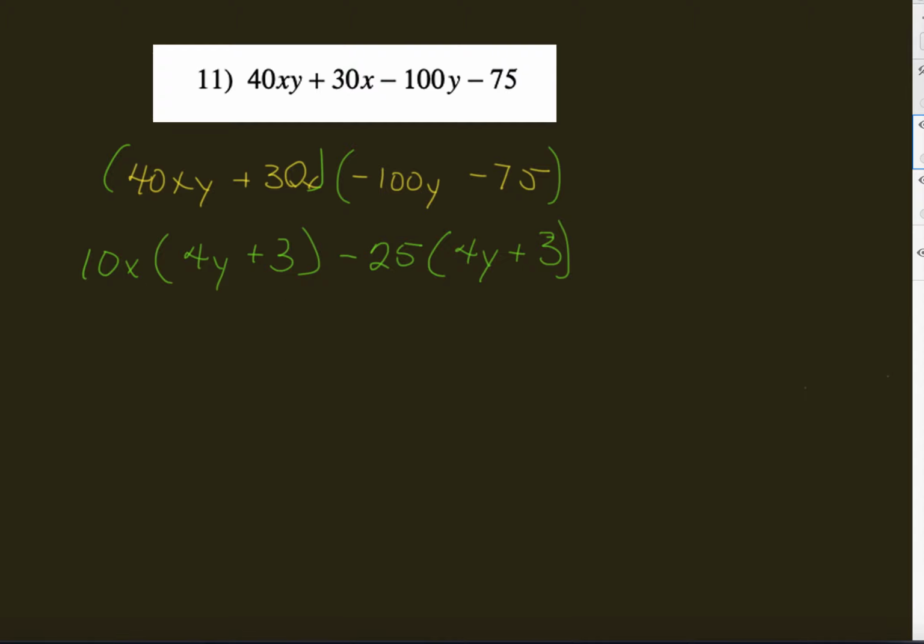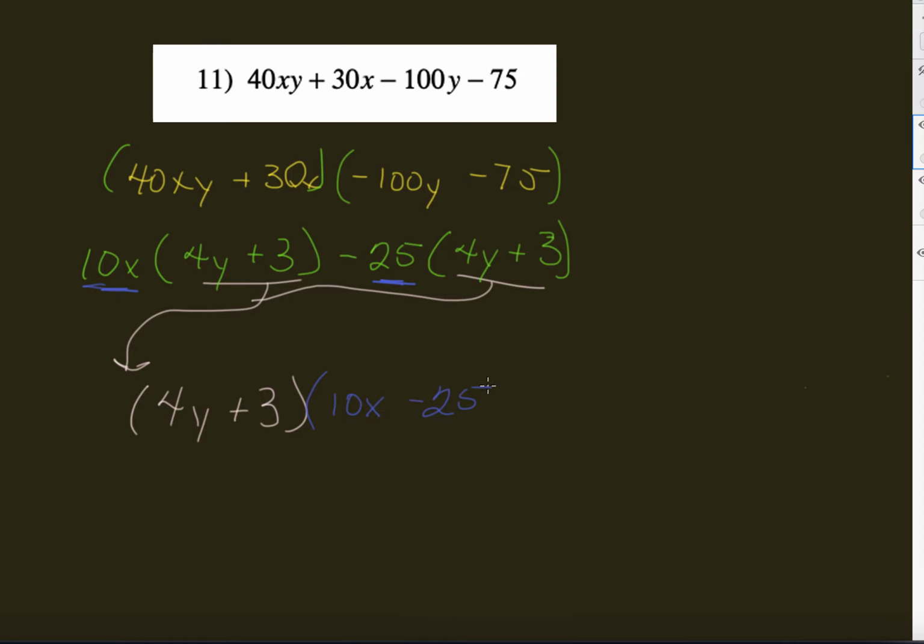Okay, and just like before, these two things are in common. You take them, stick them out front together. 4y plus 3. Hey, what's left over? This is left over. This is left over. Put that in their own set of parentheses. 10x minus 25.